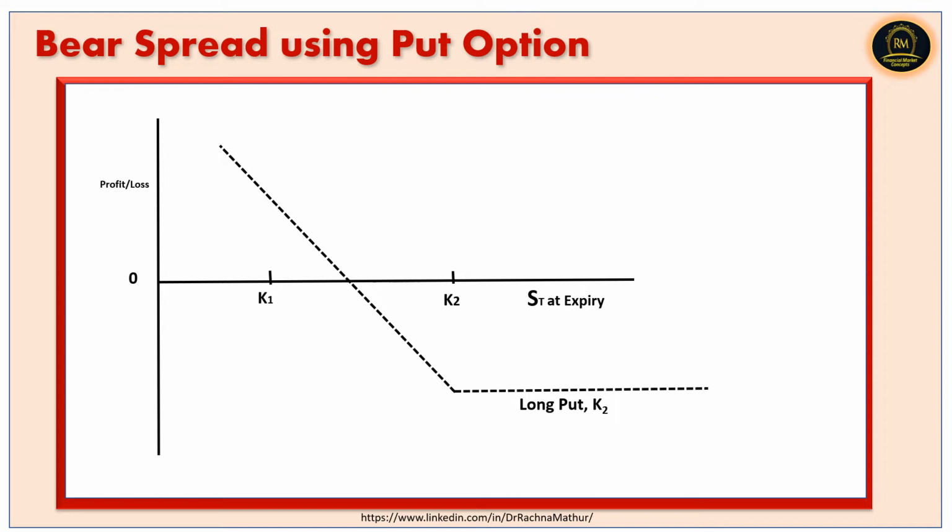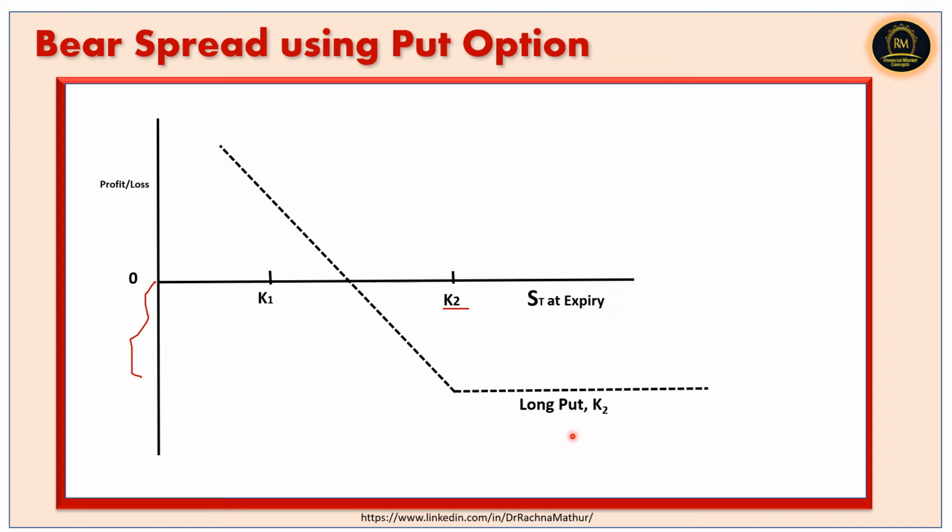That means we are buying a right to sell the underlying at a higher strike of K2 by paying the option premium. Now what is our expectation? That the stock price at the time of expiry falls down, and that would give unlimited profit to the long put holder. But what happens if the market goes up against the expectation of the long put holder?